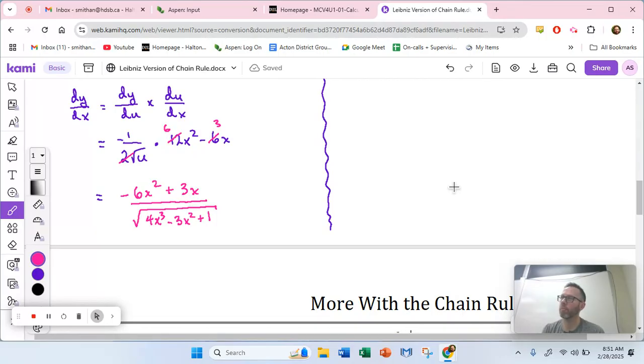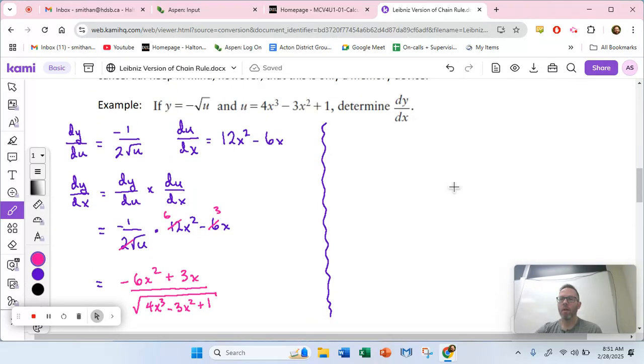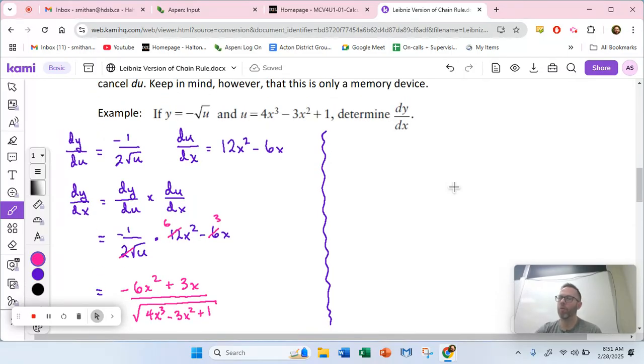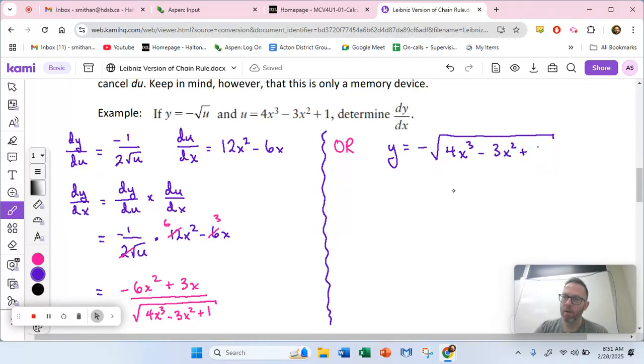You sure? Okay. All right, so that was method 1. Method 2 would be to approach it using stuff from several days ago. So why don't we just write y as a function of x? So y is equal to negative root u, but u is equal to 4x cubed minus 3x squared plus 1.